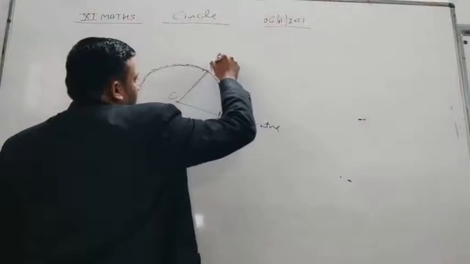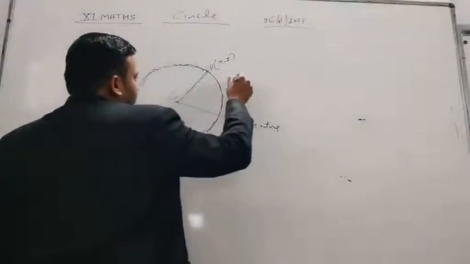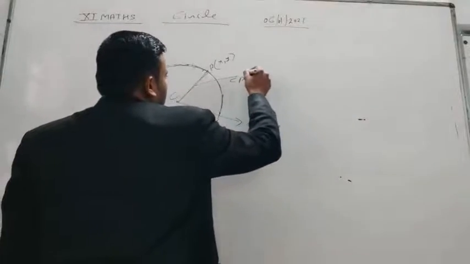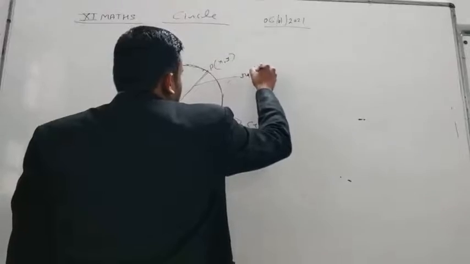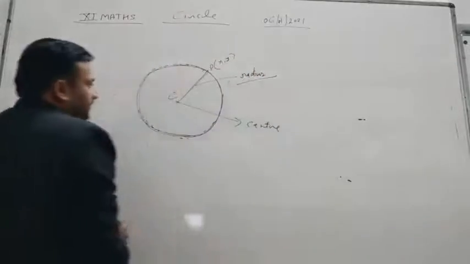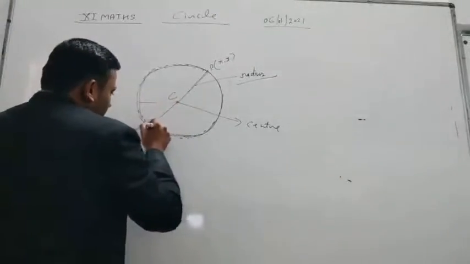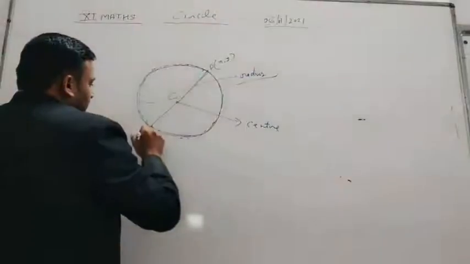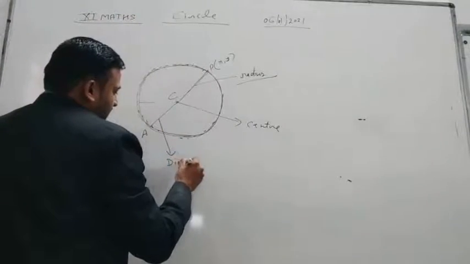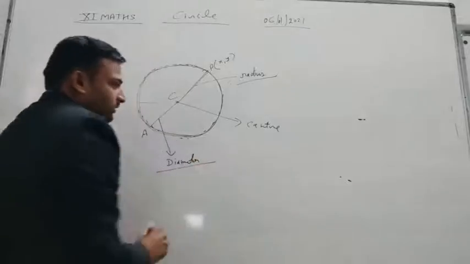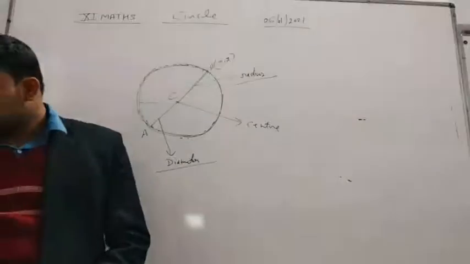Suppose we are taking a point P(x, y) on the circumference of the circle, then this CP is called the radius of the circle. And if we join P with the other end A, this PA is called the diameter of the circle. So this is our circle.